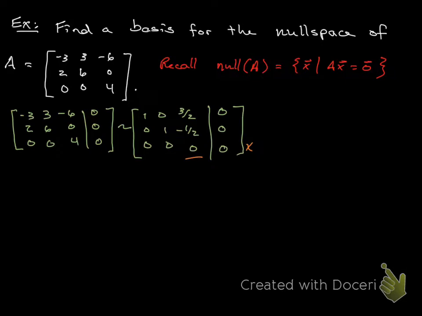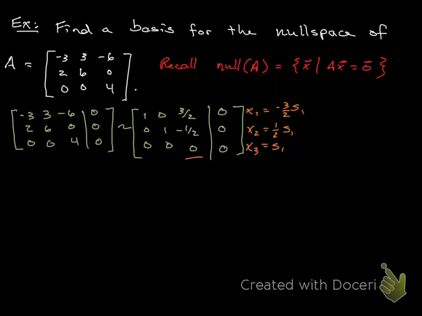The vectors that form the null space of A. I'm just solving this homogeneous system that gives me the null space, right? So what I see here is the third column is a non-pivot column. X3 is S1. X2 and X1 I can write as multiples of S1.